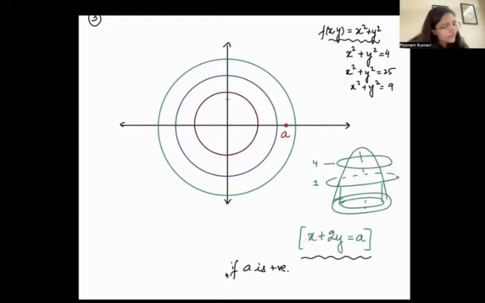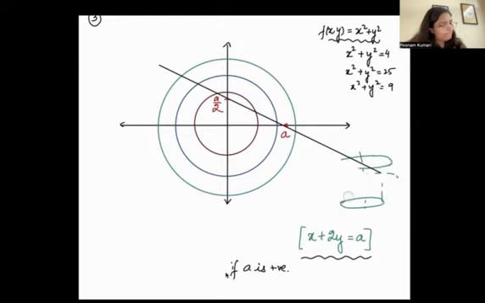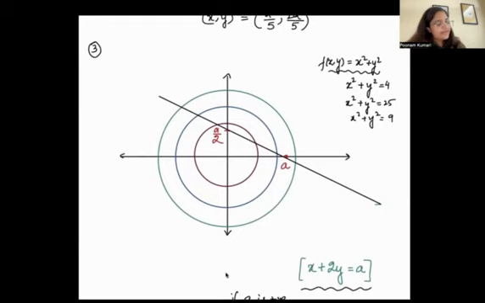So let's say it is something like this, A by 2. So what is my line? My line is something like this. Right?